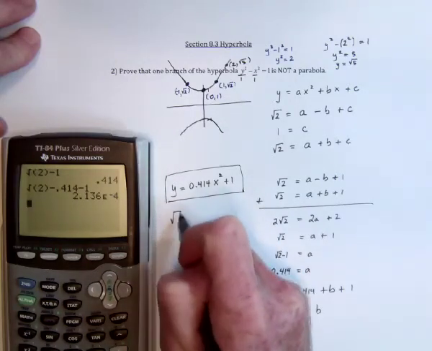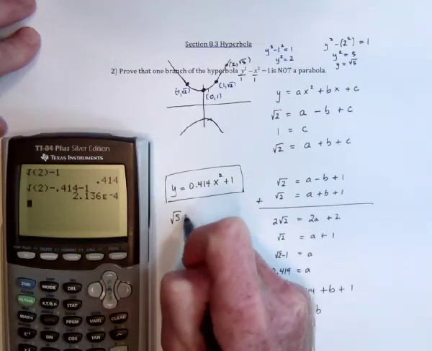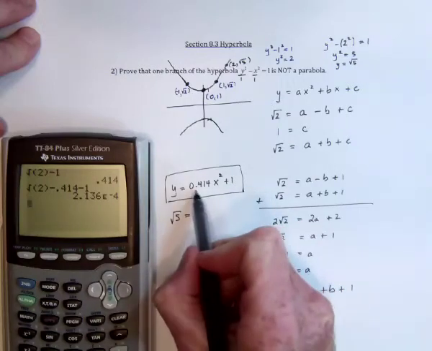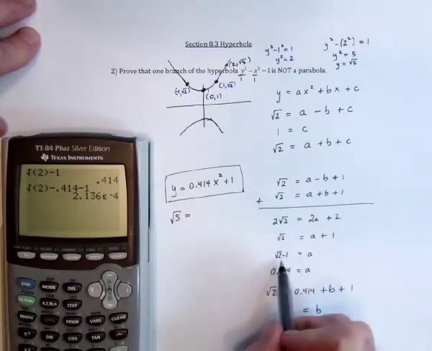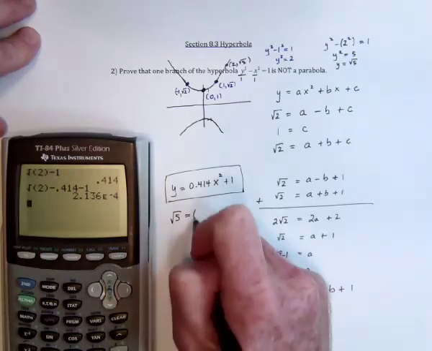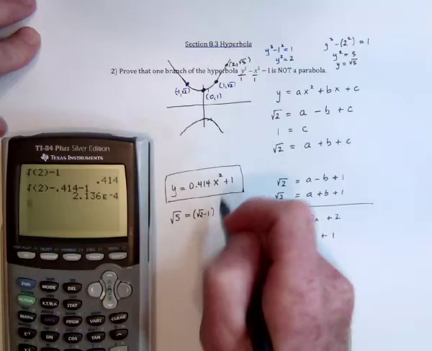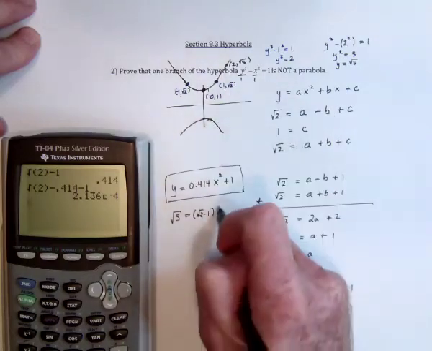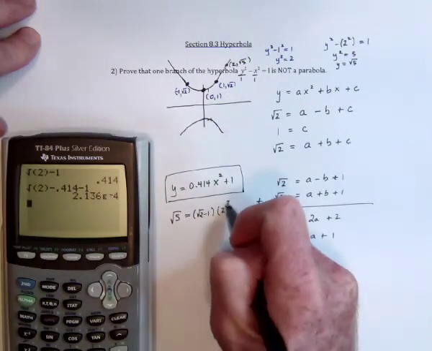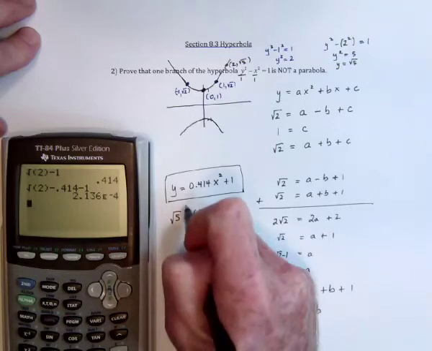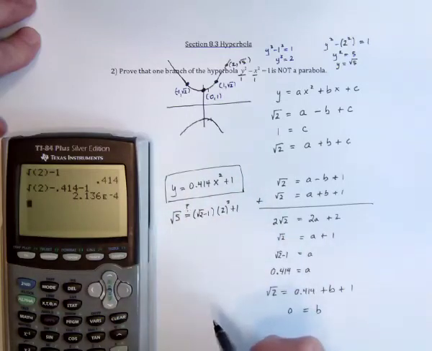So if we have y equal to the square root of 5, does that equal, and like I said, I'm going to be completely accurate in here and use this where the a is actually equal to the square root of 2 minus 1, and then x is squared, plus 1. It's really a question. Do those numbers work for the parabola?